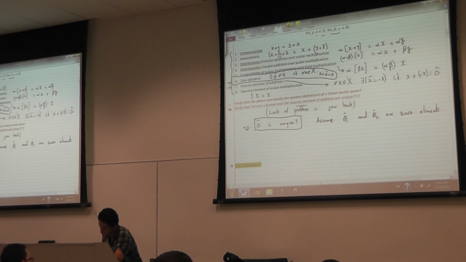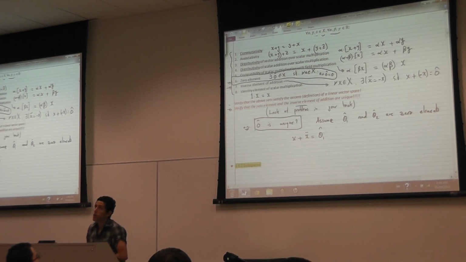Which means x plus theta 1 is equal to x, for every element x.